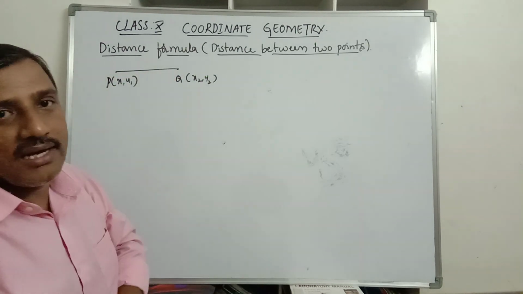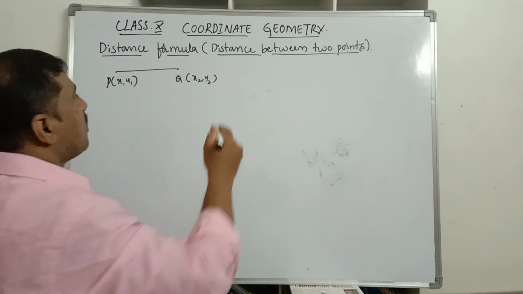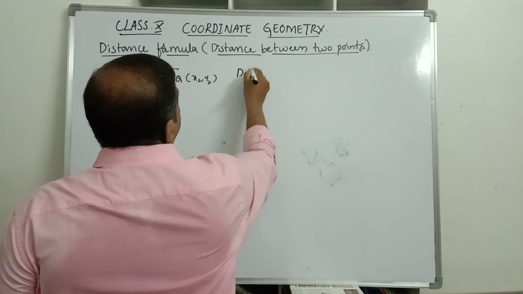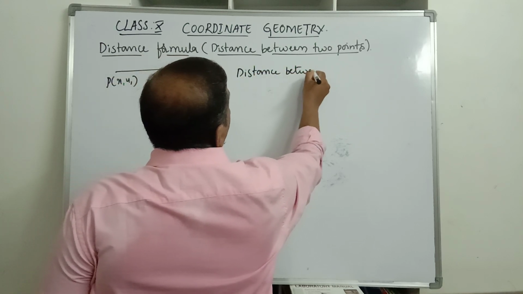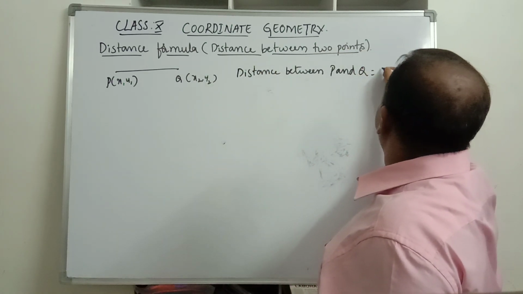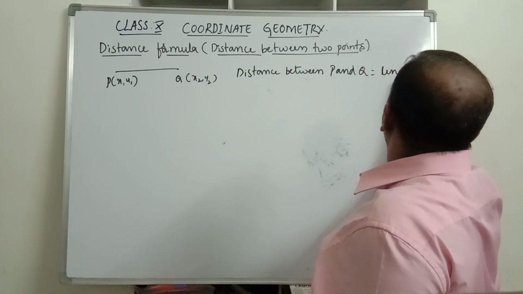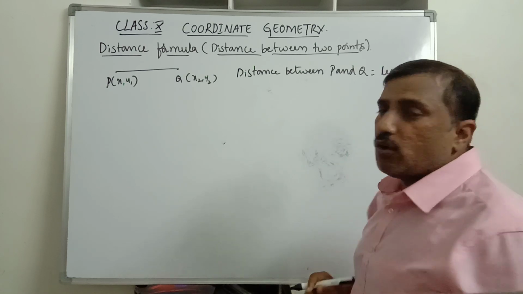That line segment is known as the length of PQ, or distance between P and Q. Distance between P and Q is equal to the length of the line segment PQ.